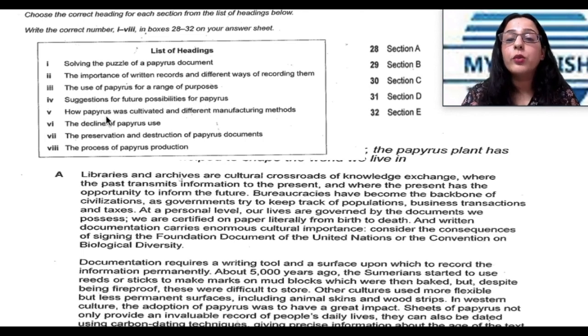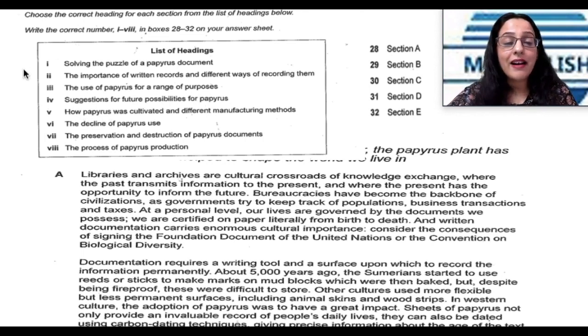So what you're doing is you're applying the strategy that we have just learned. You read all the headings, then you read only the first paragraph. Okay, so pause the video and try to find out what can be the possible answer for para A.